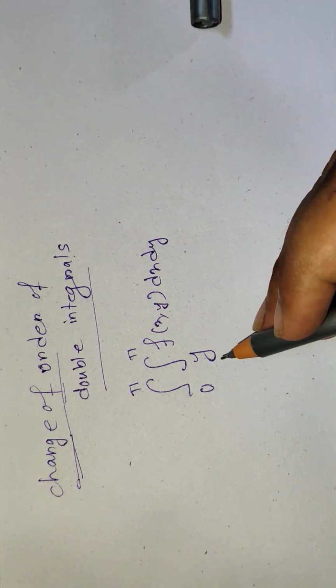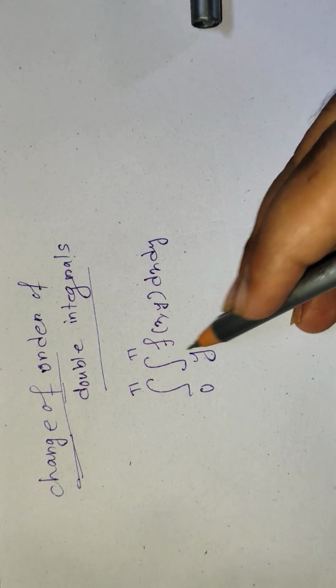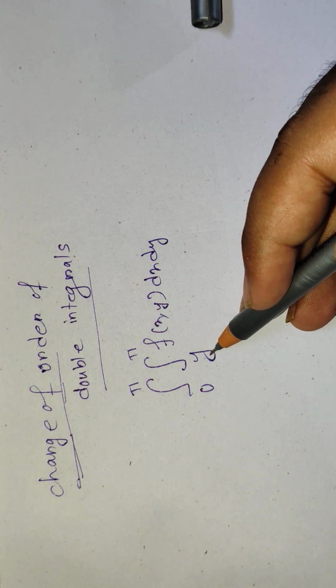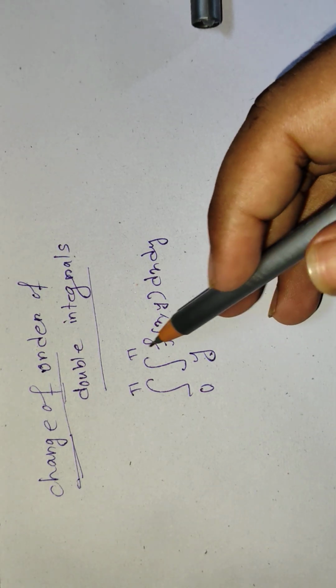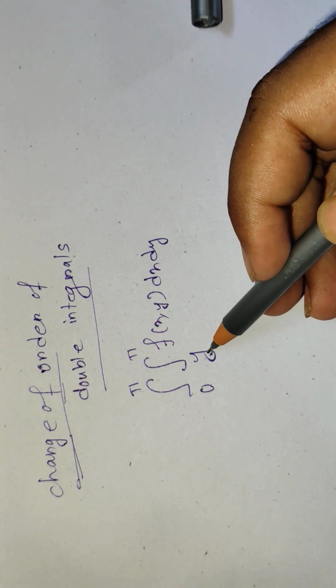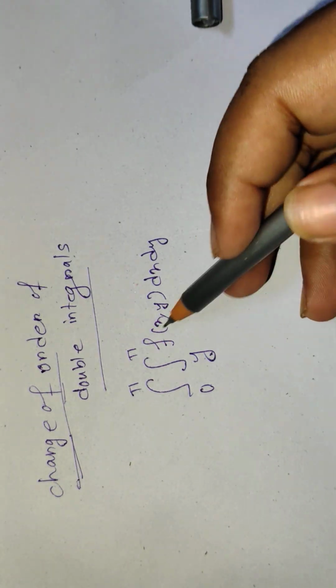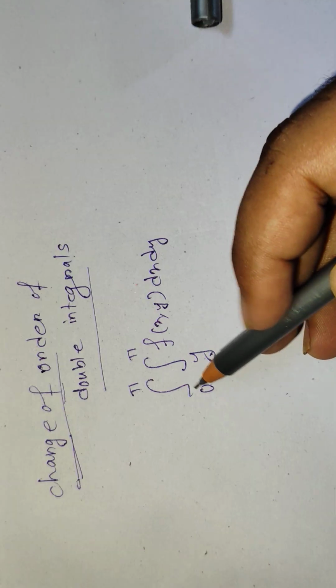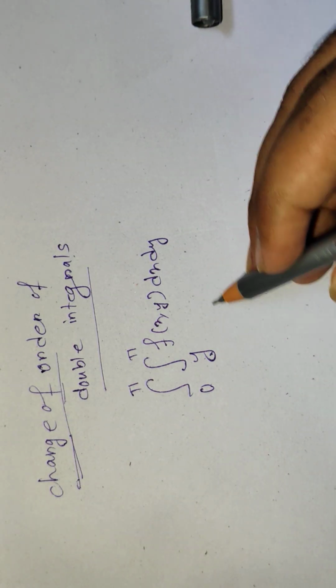Now basically you can see this is y to pi, that means the limit is y to pi. There is y, that means this is the limit of x, right? Because this is the variable limit. So this is the limit of x, this is the limit of y. Now we have to draw the graph.